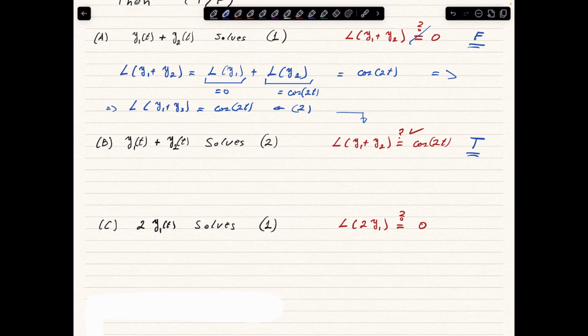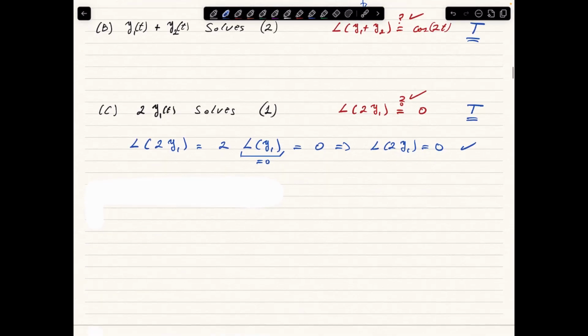Okay, linearity again. What is L acting on 2y1? We know that this is 2 times L of y1, but recall, y1 is a solution of the homogeneous equation, so this is 0. So what we have seen is that L of 2y1 is actually 0. So yes, this is correct, and therefore this is true.